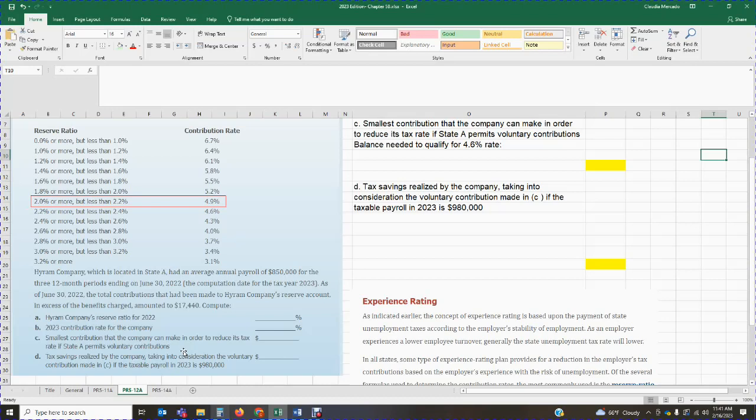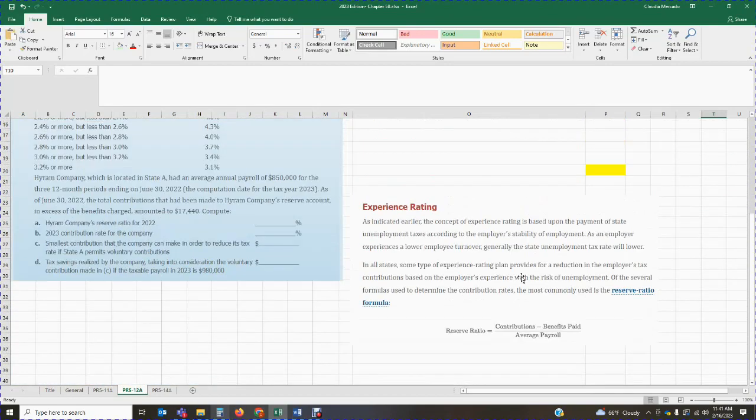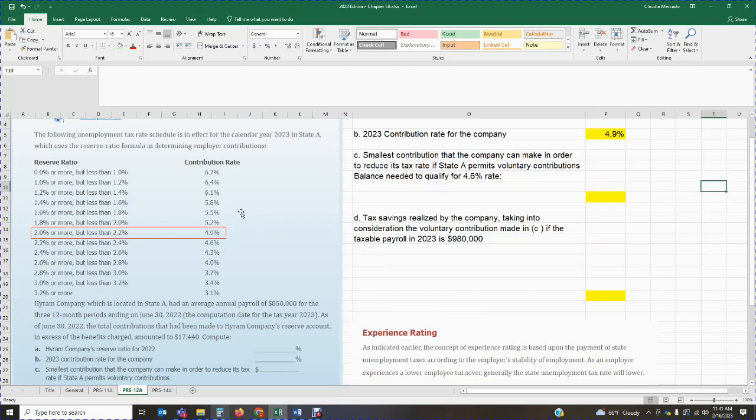If you have a lot of money in your reserve, then once you do the reserve ratio formula, your contribution rate is going to be lower. That is what companies want to do. They want to pay less SUTA taxes, and they do so by having enough money in their reserve account to make sure they can cover all of their upcoming SUTA related benefits being paid.